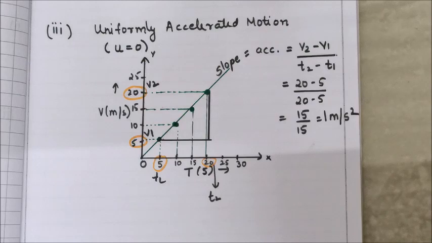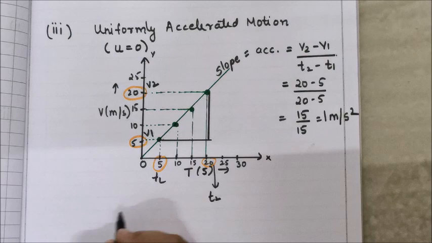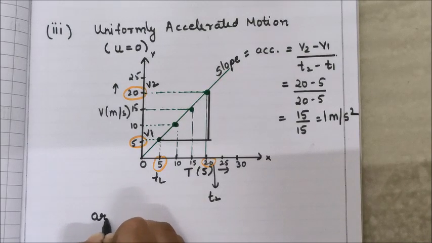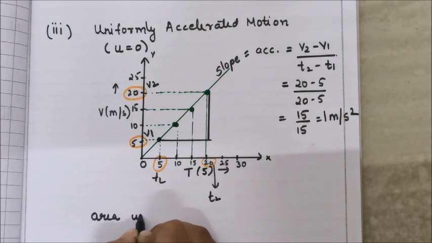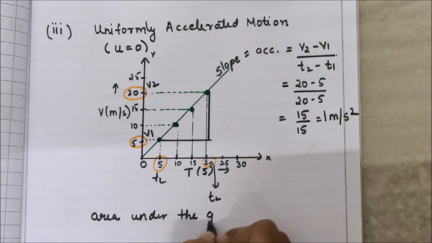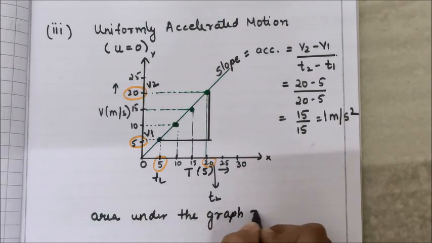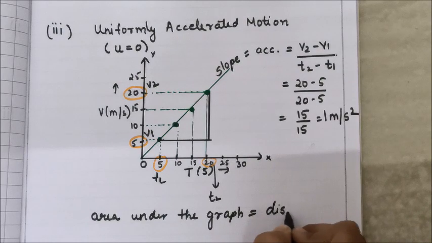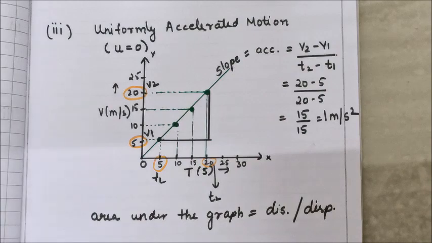In this graph, one more thing we can calculate, as I told you during the plotting of the graph for a uniform motion, is that the area under the graph also tells us about the distance or displacement traveled by the body.